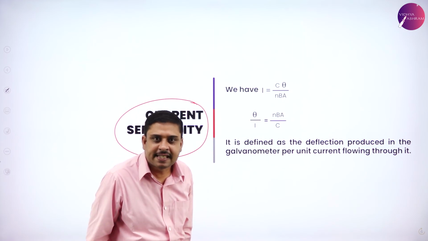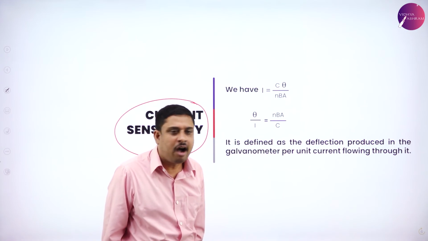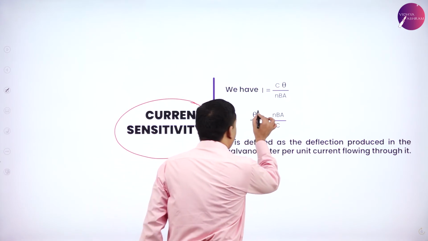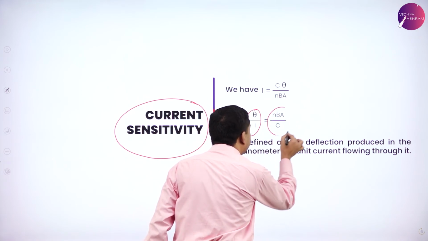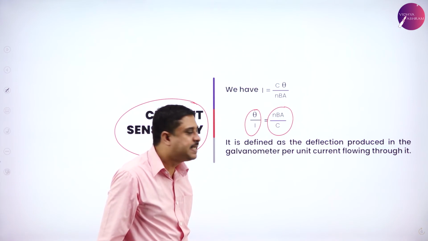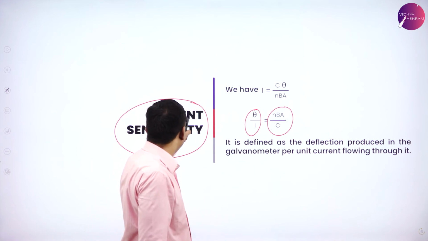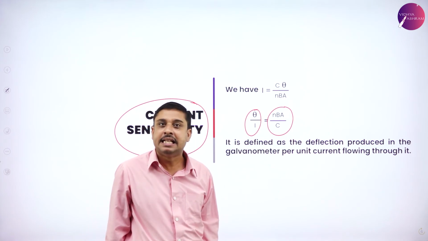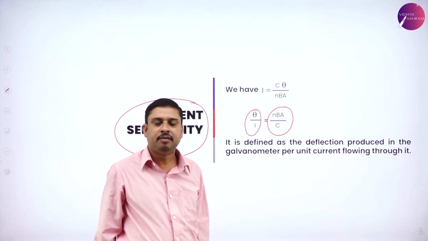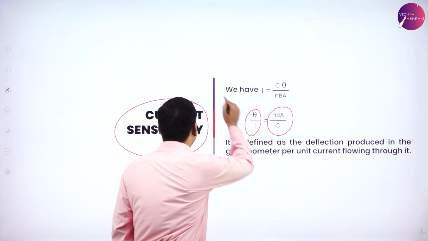From my previous expression, I equals C theta divided by NBA, or theta by I is NBA divided by C, and this factor theta by I is called current sensitivity of an MCG. How do I define current sensitivity now?